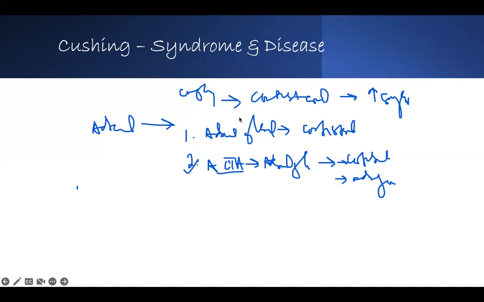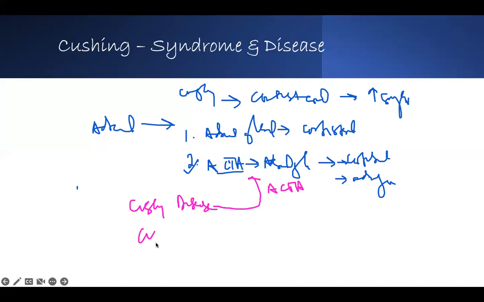I'm not just saying Cushing syndrome or Cushing disease, because that's the point I'm trying to make. If you have Cushing disease, it means the steroid that is increased is coming from ACTH. So you're making ACTH that is telling the adrenal gland to make more steroid.